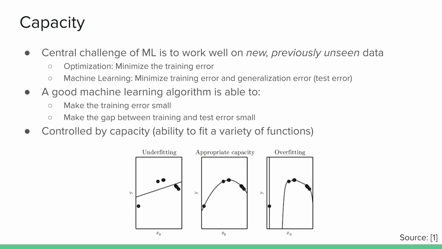We can also have overfitting: if we have an arbitrarily complex function that we could potentially fit, then it will perfectly fit the training data, but will not be likely to correspond to the actual underlying function. So it will overfit on the training set and then perform poorly on the test set. Somewhere in between, there is the appropriate capacity that we're actually striving for.